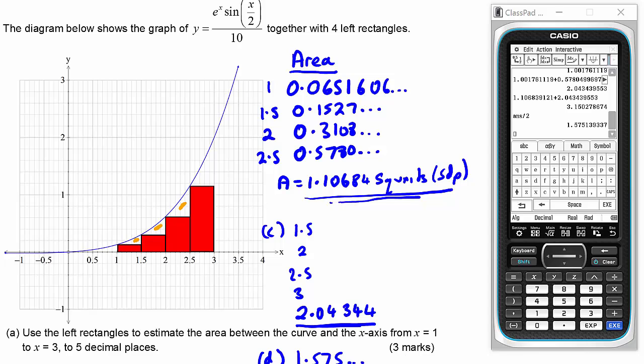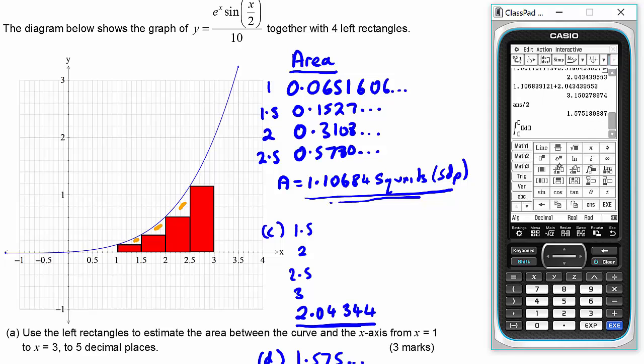And we want to compare that with the true answer, which we can do on the calculator. So in Math 2, got the integral, and we were integrating from 1 to 3.